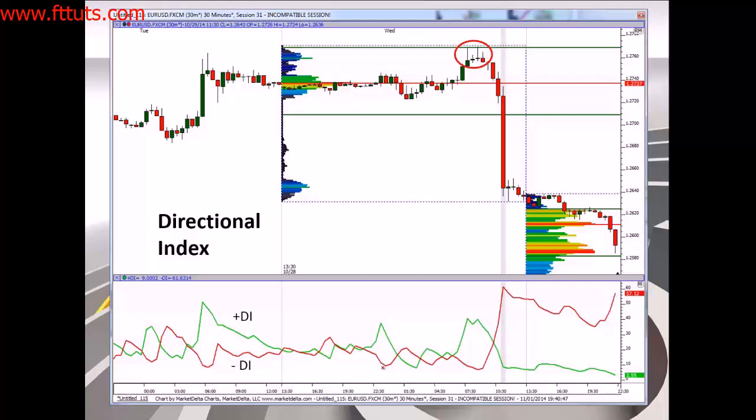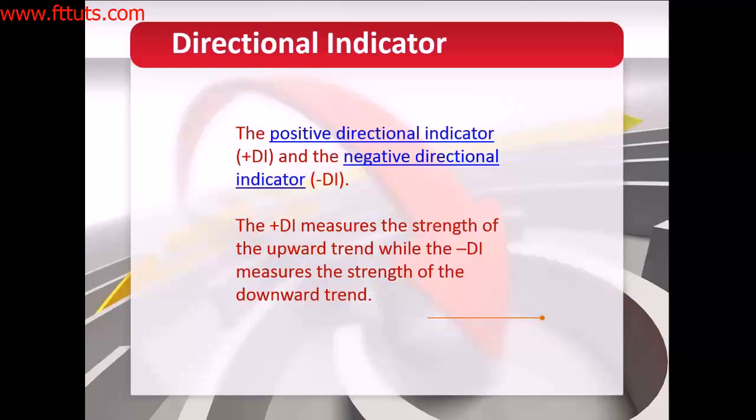This one is based on an 8-period setting, and it's just the standard directional index indicator in the market delta platform. Now, the directional index indicator is really a complex indicator in terms of the calculation, and I'm not going to get into it.